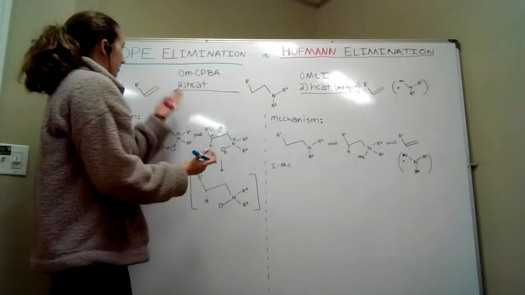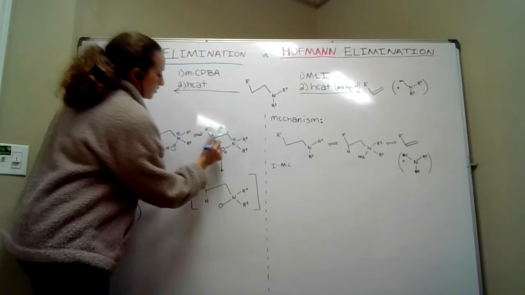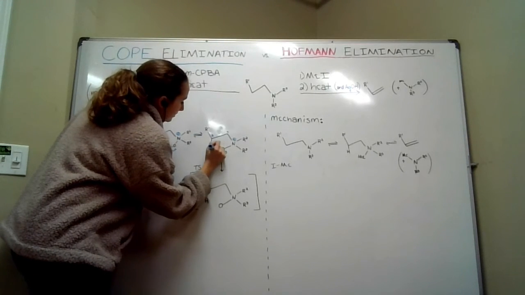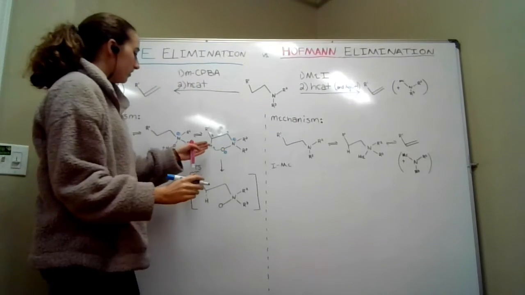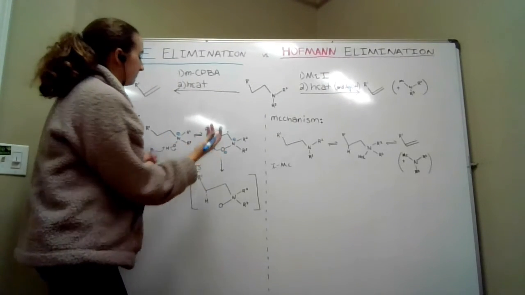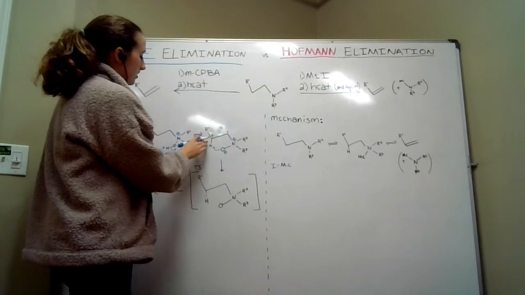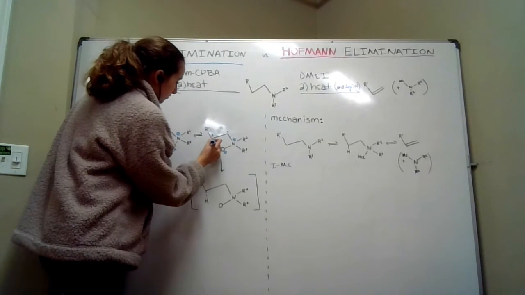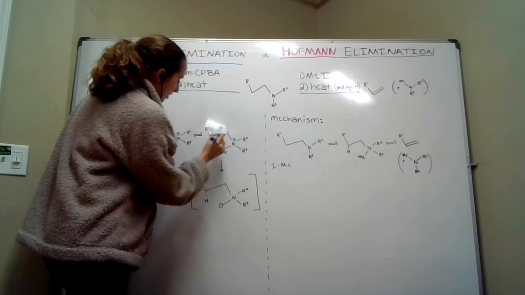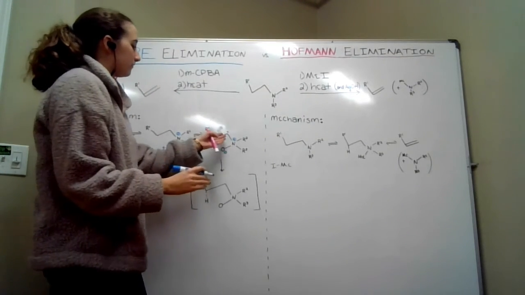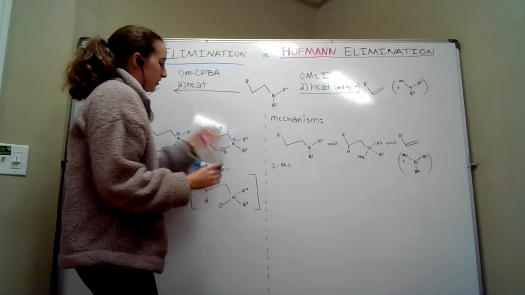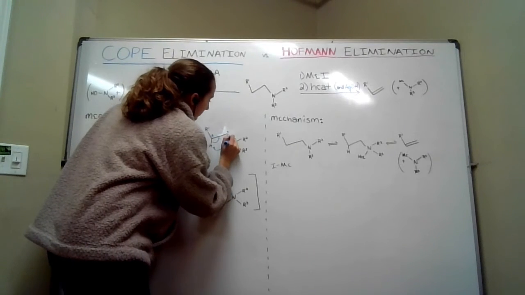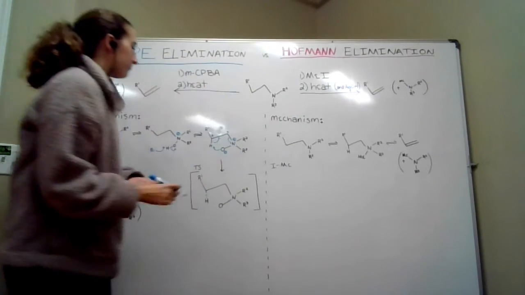So in the Cope elimination, the oxygen will attack the hydrogen, the beta proton, I should say. Now, the electrons from the carbon-hydrogen bond are going to swing down to form our double bond. And from here, the carbon-nitrogen bond, those electrons will go and form a lone pair on nitrogen.